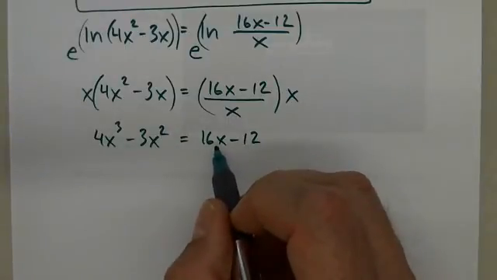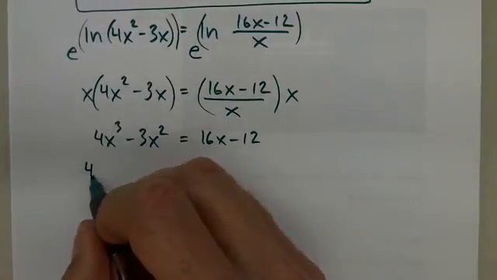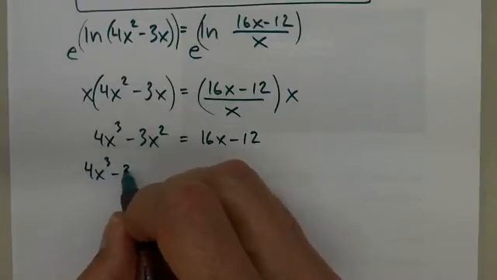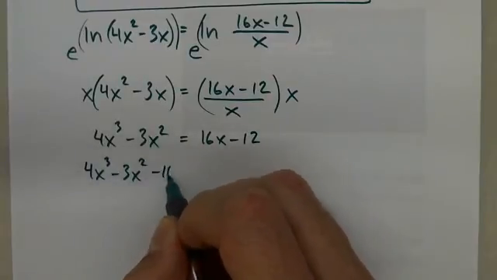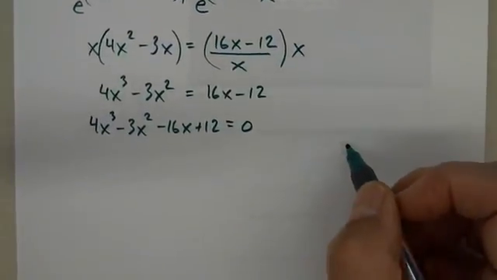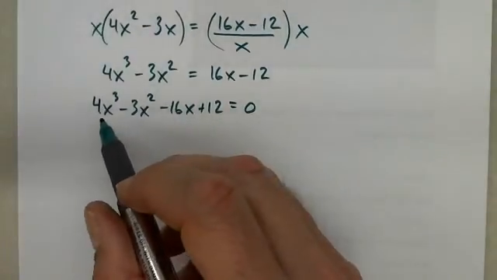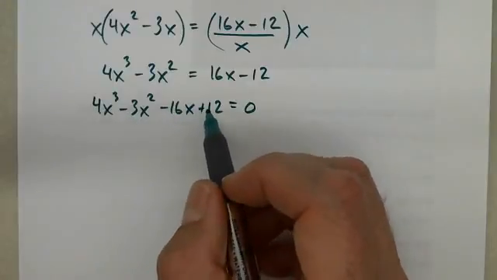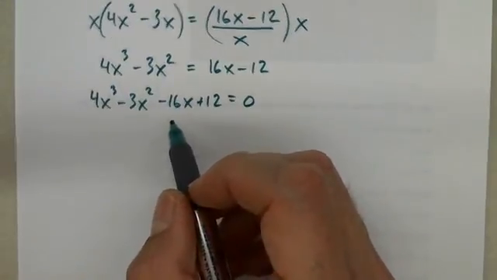Subtract 16x, add 12. And 4, 3, 16, 12, that has a pattern that can be factored by grouping.